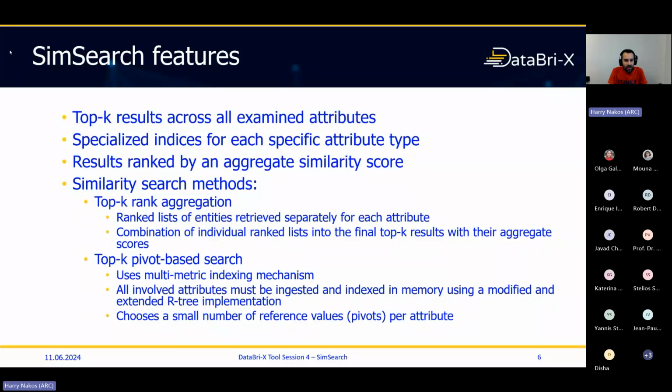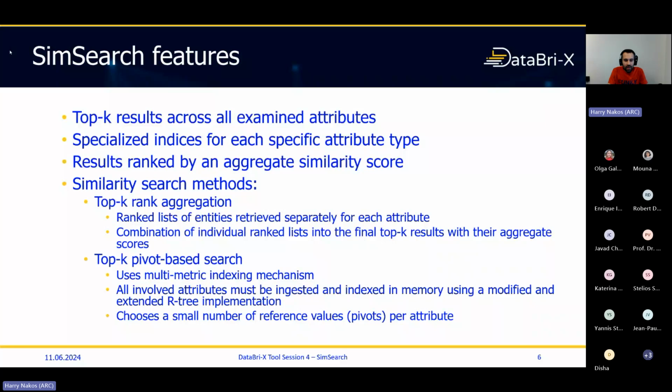The top-k pivot search is another approach that can be used. A multimetric index is used that combines all attributes. This index is in memory, and all attributes must be indexed, so all attributes must be ingested. This index can be created, and an extended R-tree is used for that, because attributes of different kinds must be accommodated.